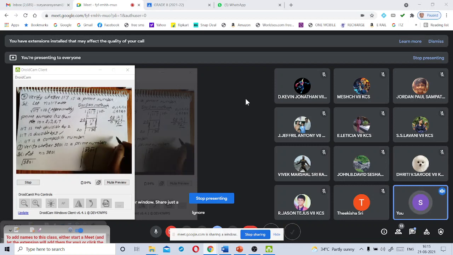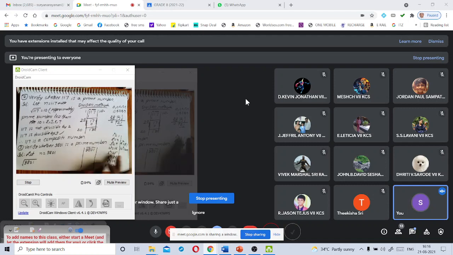I will write here: 1 square, 1; 2 square, 4; 3 square, 9; 4 square, 16; 5 square, 25; 6 square, 36; 7 square, 49; 8 square, 64; 9 square, 81; 10 square, 100.